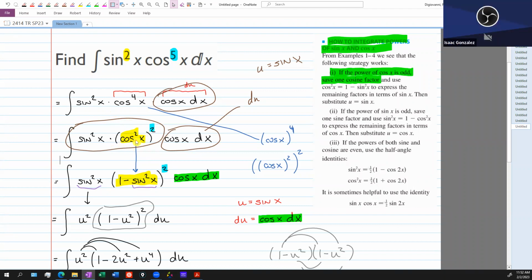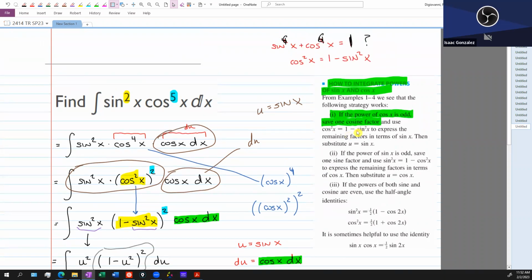Is that sine cosine squared identity in our reference page? Yes, it's right here. They give it to you here, and it's also on the trig reference page. It's the Pythagorean identity.